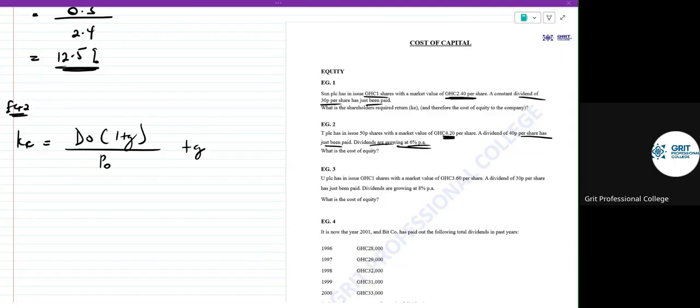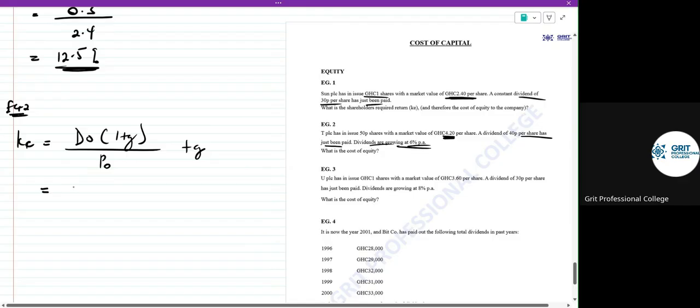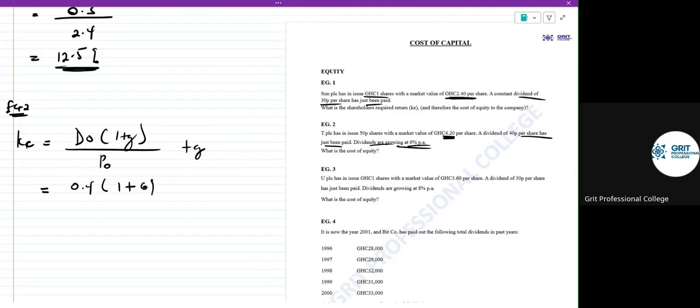Okay, all right. Let's proceed. So the cost of equity will therefore be the dividend per share, which is going to be 0.4, times bracket 1 plus the growth rate, which is 6%, all over the share price, which is 4.2, plus the growth rate of 6%.